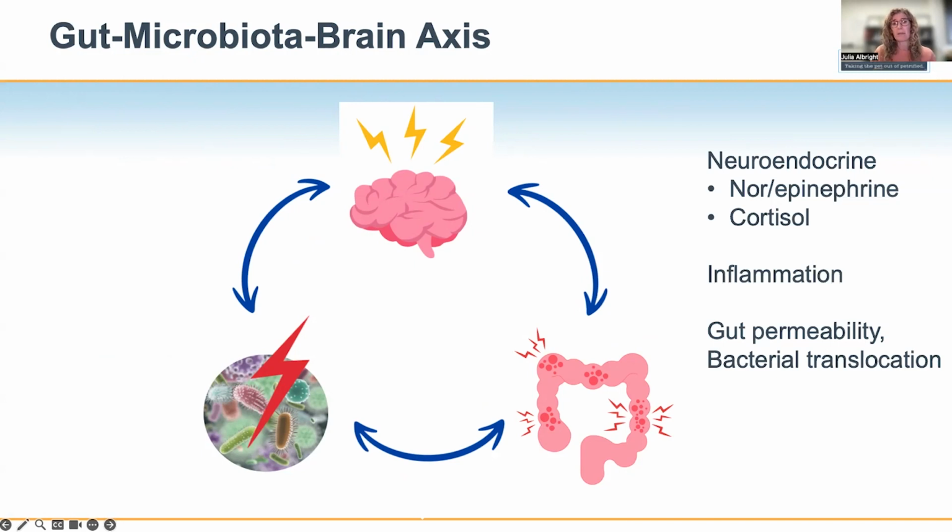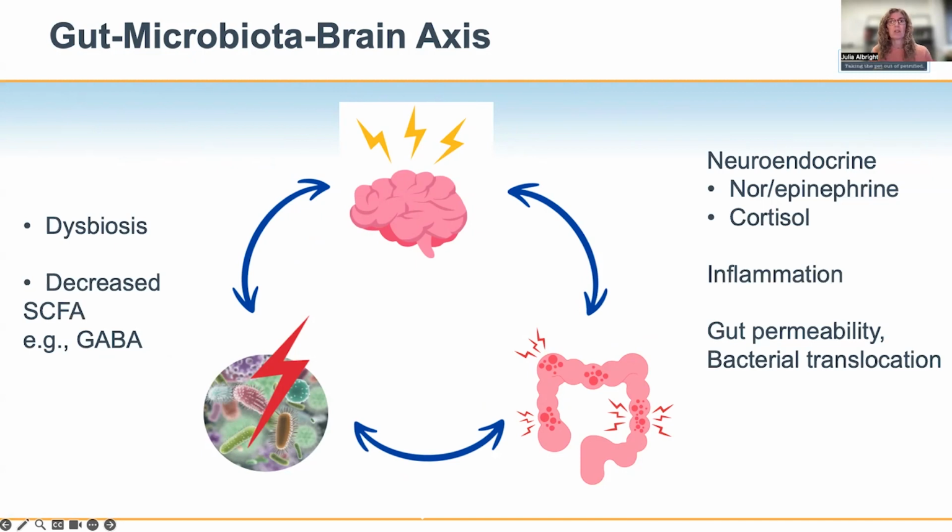And that can allow bacteria to translocate. That's just one example. But it can also change the gut environment so that it makes it more favorable for the pathogenic bacteria to survive and less favorable for those beneficial bacteria. So that can create dysbiosis, and therefore you have fewer of those beneficial metabolites like the anti-inflammatory short-chain fatty acids and GABA.